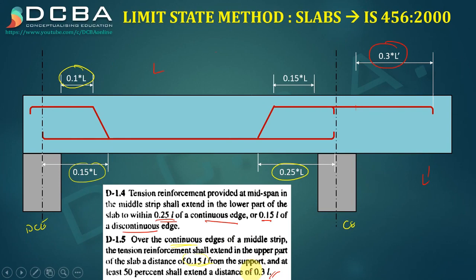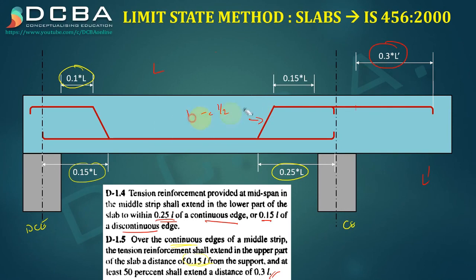Now what exactly we are doing is that, first of all, this is the tension reinforcement that we are bending up. Half of the tension reinforcement we are bending up, first of all. Then it is saying that again 50% of this we have to take in the next slab. So again half of those we will be taking in the next slab.